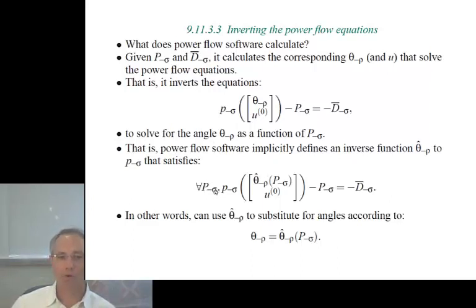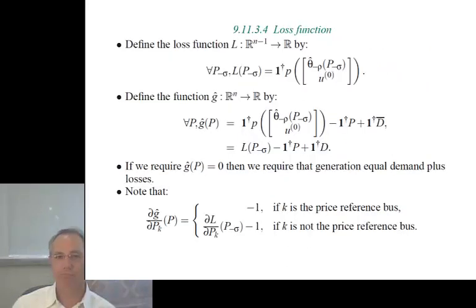So for all choices of P minus sigma, that function given by what power flow software does for us, if we plugged it into our equations, would satisfy our equations. In other words, we can use theta hat minus rho to substitute for the unknown angles, according to theta minus rho equals theta hat minus rho, which is a function of P minus sigma.